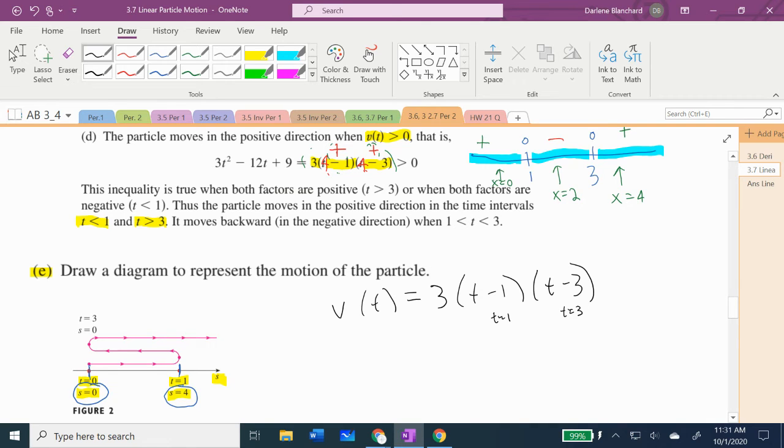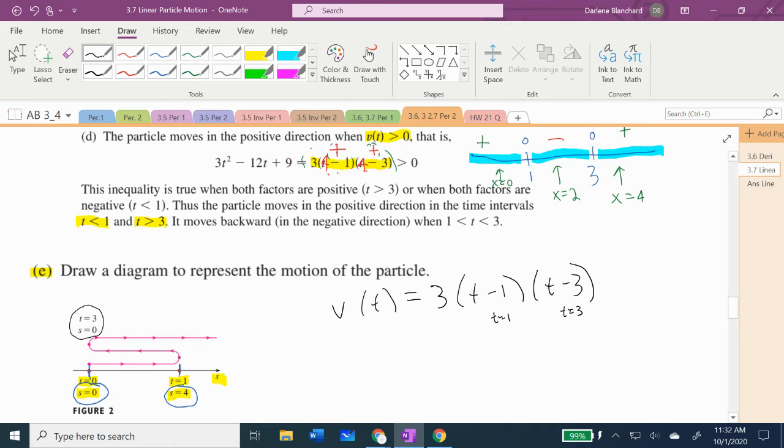But you have to plug those numbers into the original S of t function, which was that third degree polynomial. And that's going to give you the number 4. When I plug 3 into my position function, the third degree polynomial, I will get 0 for my S value.